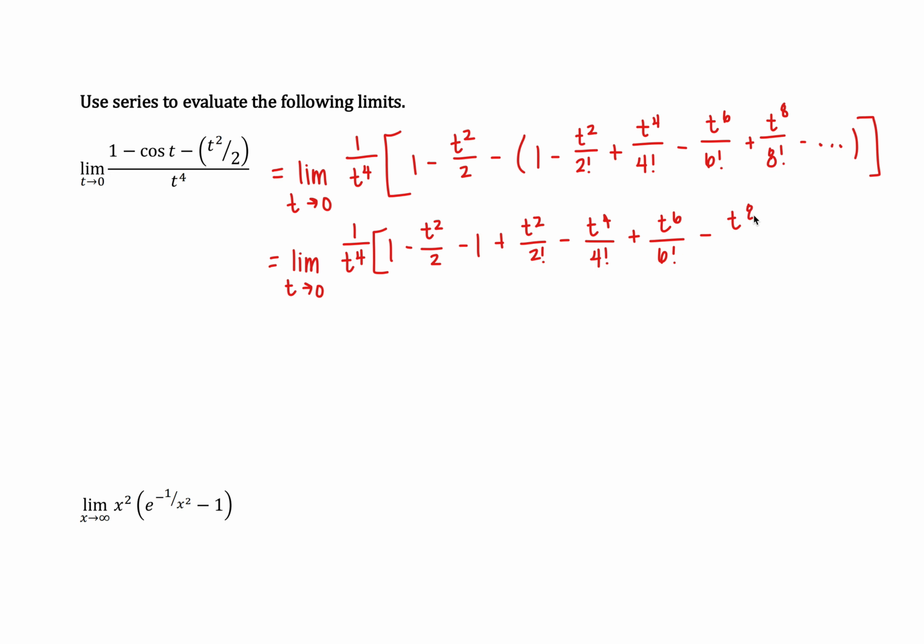So now I have the limit as t approaches 0 of 1 over t to the 4th times the rest of this. Well, now that 1 over t to the 4th is going to come into play. I'm going to go ahead and distribute this.